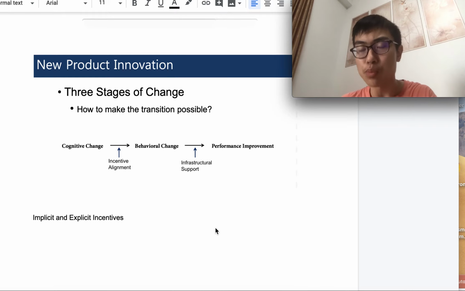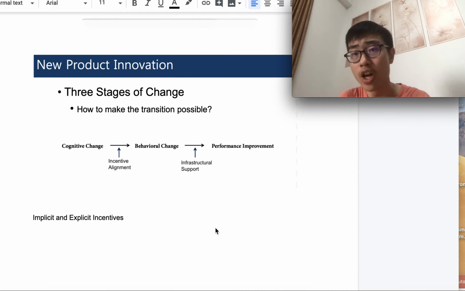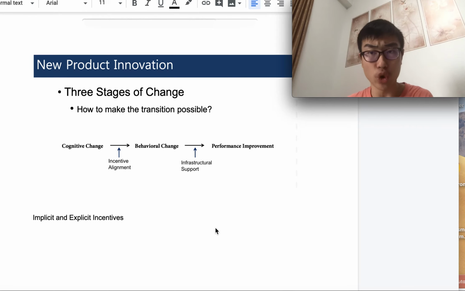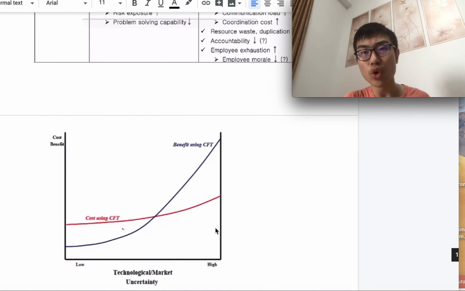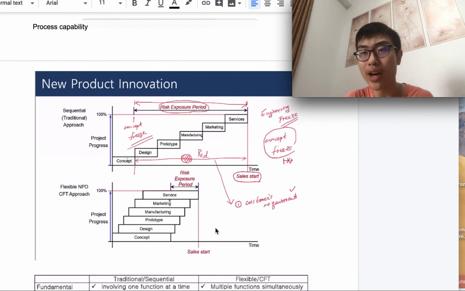However, the problem is CFT can be really difficult to implement, and although it works best under uncertainty, as I mentioned just now, under the 3 stages of change, it can be really hard, not only in terms of employees, but in terms of a company's cost and cash flow, to maintain and reduce your coordinating cost while you are capable of producing a successful product in the market. It's actually quite hard.